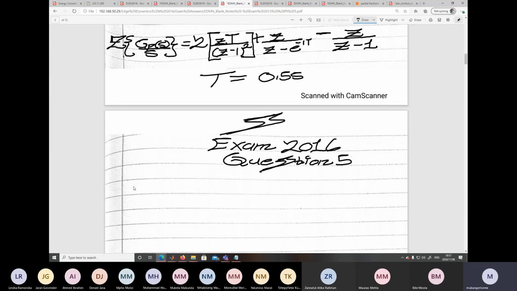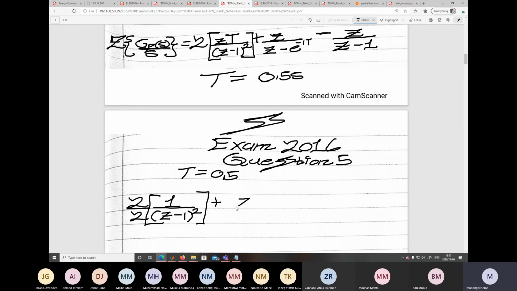So T equals 0.5, make that substitution. Over Z minus 1 all squared plus Z all over Z minus, is it 0.367? Yes. Minus Z over Z minus 1.